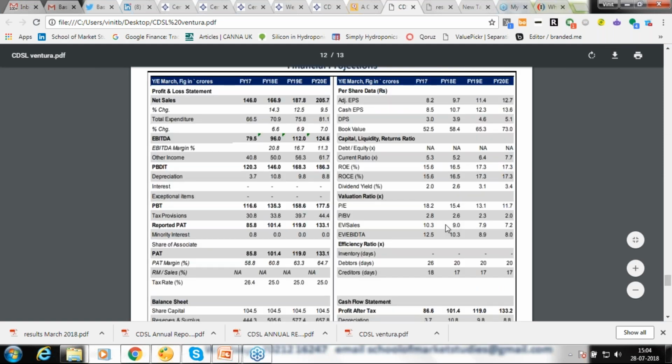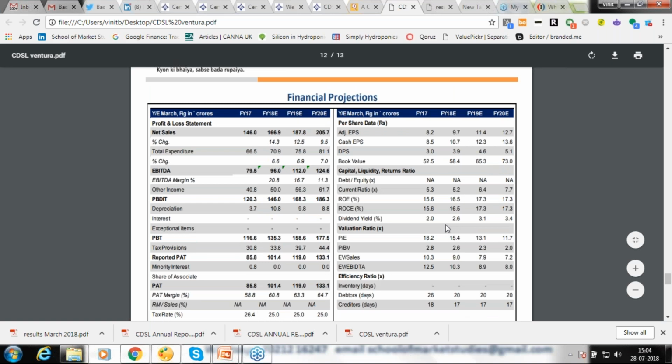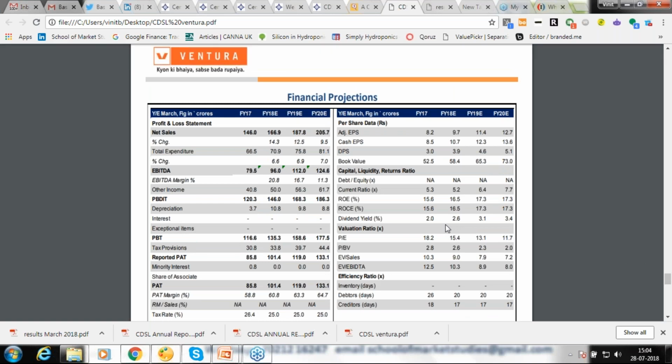So we are doing an analysis. So we did two things. One is we saw how the past performance was, what were the reasons for the past performance, and what are we talking about the future. So if you notice, we have built in about 14.3% growth for FY18, 12.5 for 19, and 9.5 for 20.